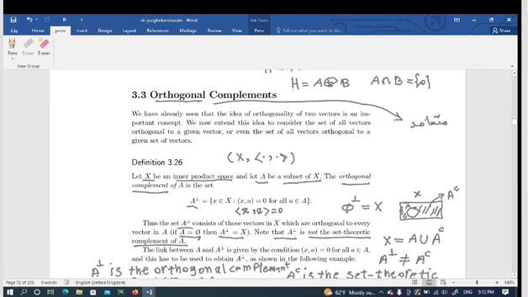If A equals the empty set, we say that the orthogonal complement of the empty set equals X, the whole space.